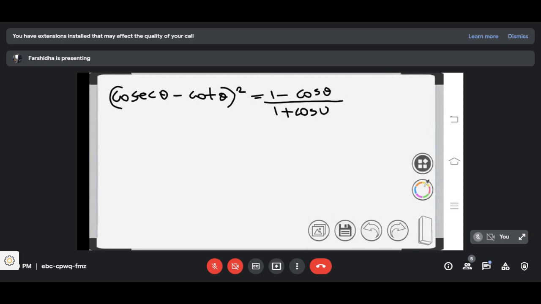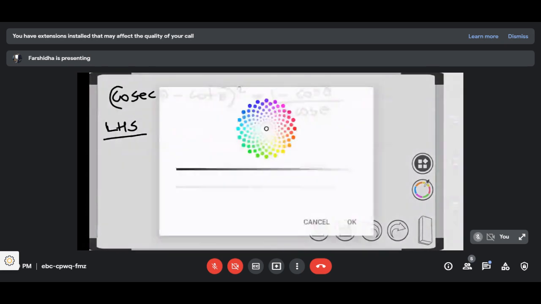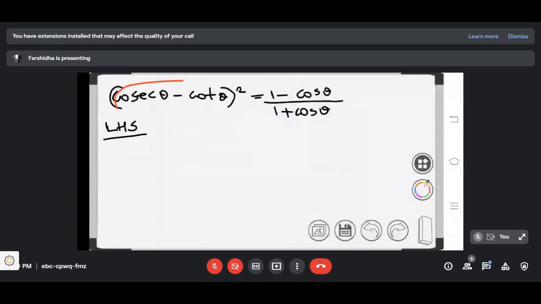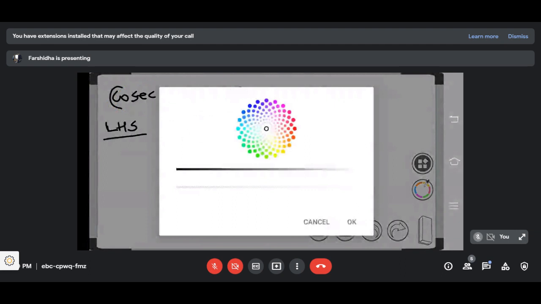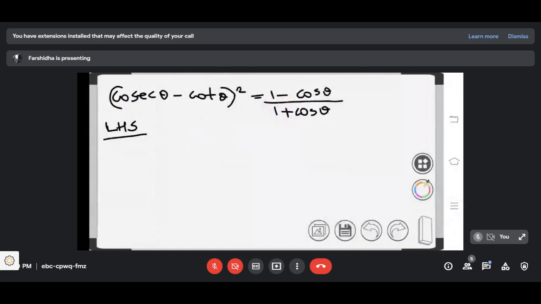So with LHS, (cosec theta minus cot theta) whole square. You can see this is in the form of (a minus b) whole square. So we'll first expand it. (A minus b) whole square equals a square minus 2ab plus b square.